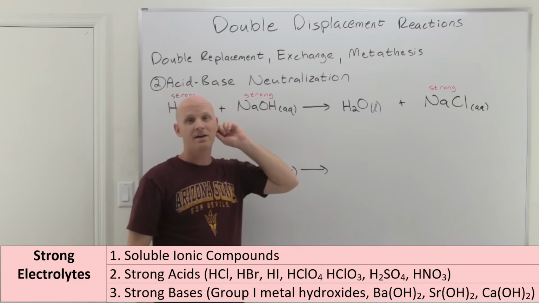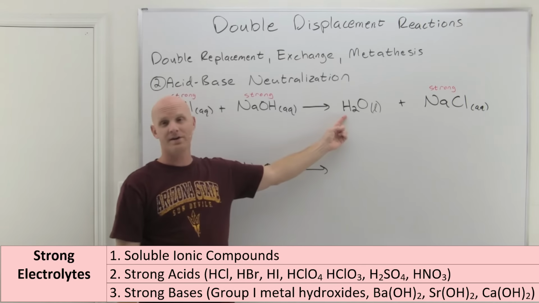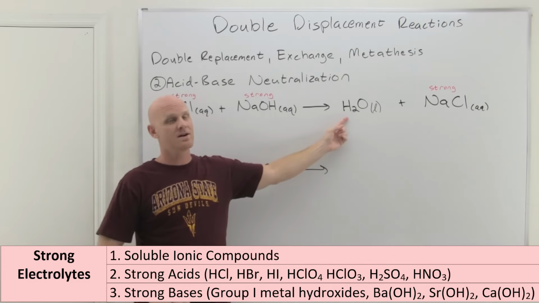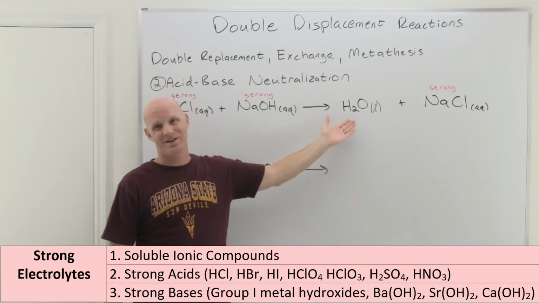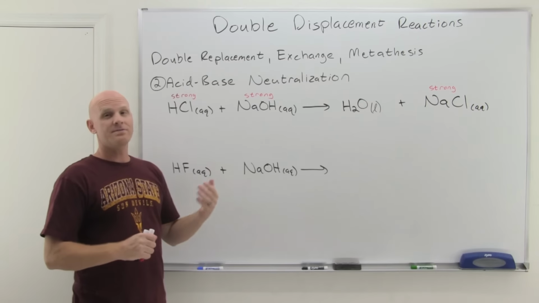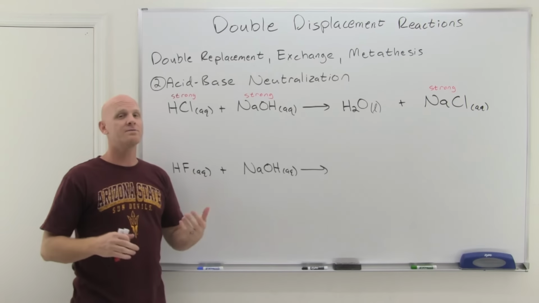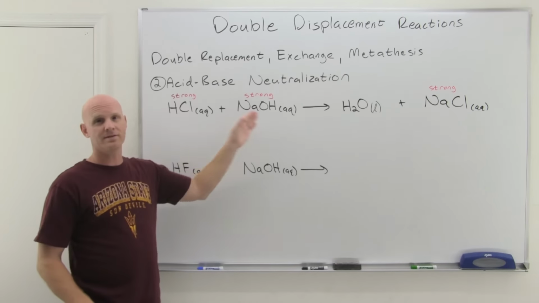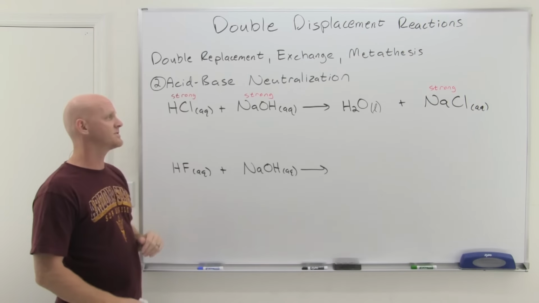But water is not a strong electrolyte. It is not a soluble ionic compound, not even an ionic compound. It's not a strong acid, it's not a strong base, therefore it doesn't exist in a fully dissociated state. All right, so then we can identify those spectators, which are part of a strong electrolyte on both sides, existing in a fully dissociated state on both sides of the reaction.